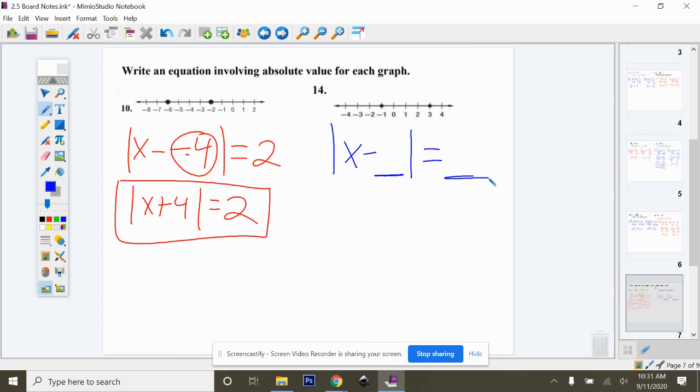So on number 14, the middle point between the two dots is 1. And the equals is going to be how far that middle dot is from either of the edge dots. So if 1 is my middle dot, 1, 2, so the answer is 2.